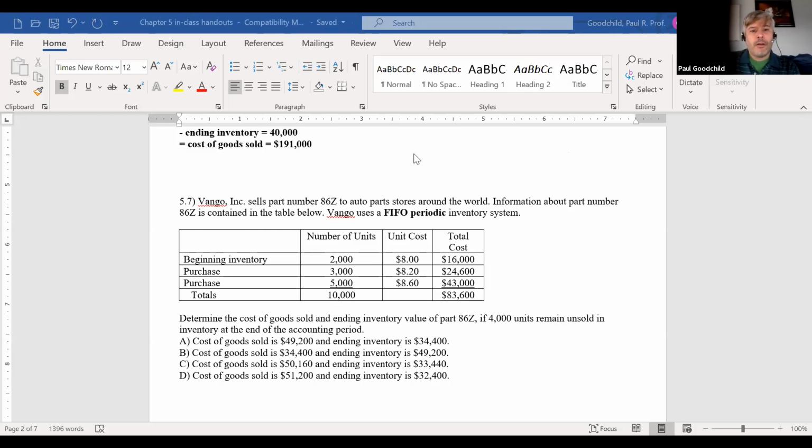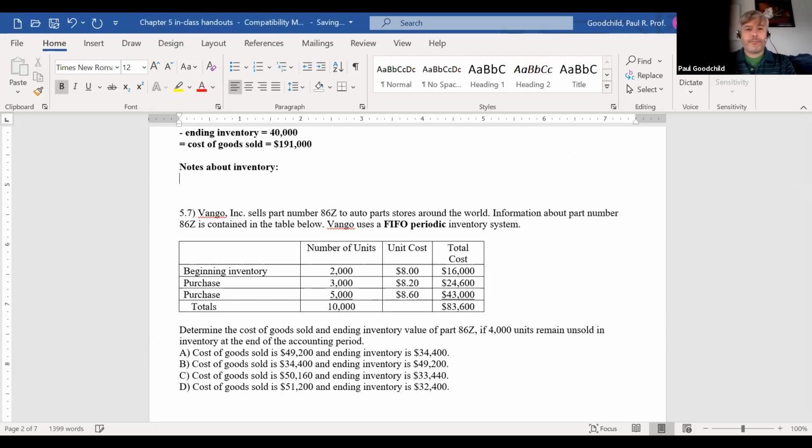Okay. All right. So now we're getting into inventory systems and inventory methodologies. So a few notes about inventory. Two types of inventory systems.